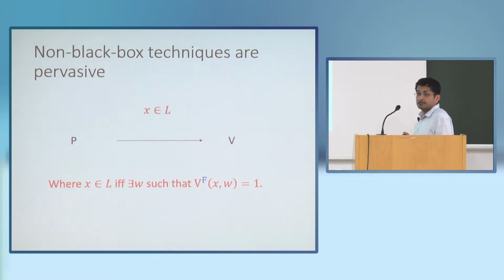non-black box techniques are fairly pervasive in the low-tech world. Anytime you're just trying to prove that X is in some language, where the verification algorithm for checking that X is in the language makes oracle calls to some, say, even one-way function F, then if you're making use of such a zero-knowledge proof, you're already making a non-black box use of this function F. Okay?